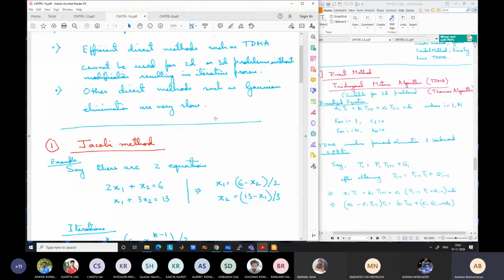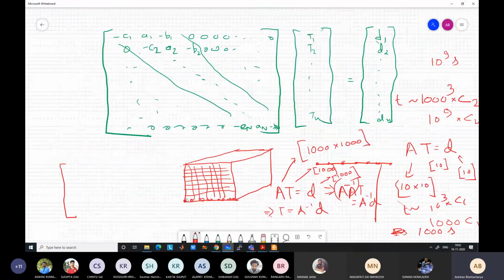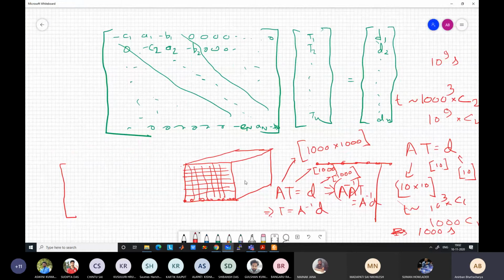So we will go through some iterative methods. Iterative methods means you are using the previous iteration value. You start with some guess value, and you already assume that you know all the values for all the grid points. Either it is based on the initial condition, or you are just assuming some value like T equal to 300 everywhere, or T equal to 0, whatever.